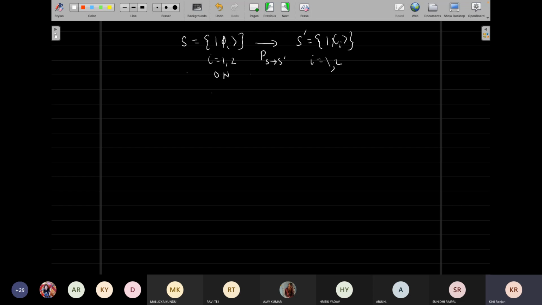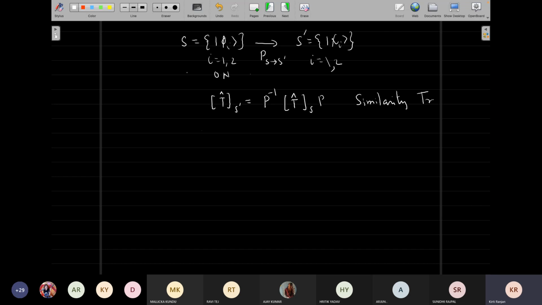Once we know that, we also know that if I want to write down my operator in the new basis, I can write it using this transformation matrix as P inverse T P. You cannot forget that. This is the similarity transformation that we defined.